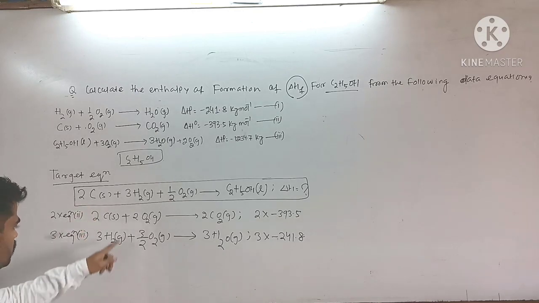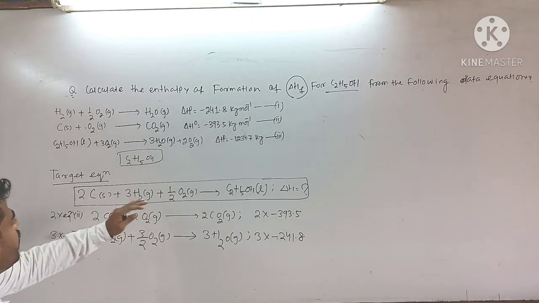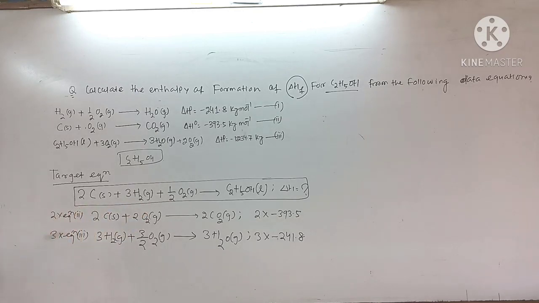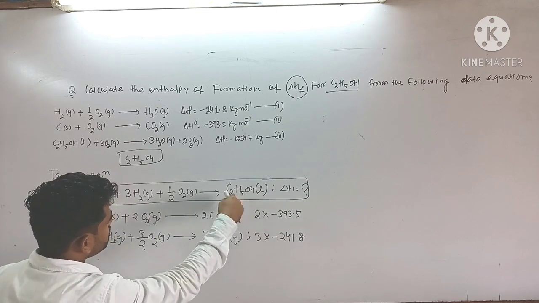So 2C I have got, 3H2 I have got, and I need half O2. Just see where O2 is. I have to find C2H5OH at the right side.